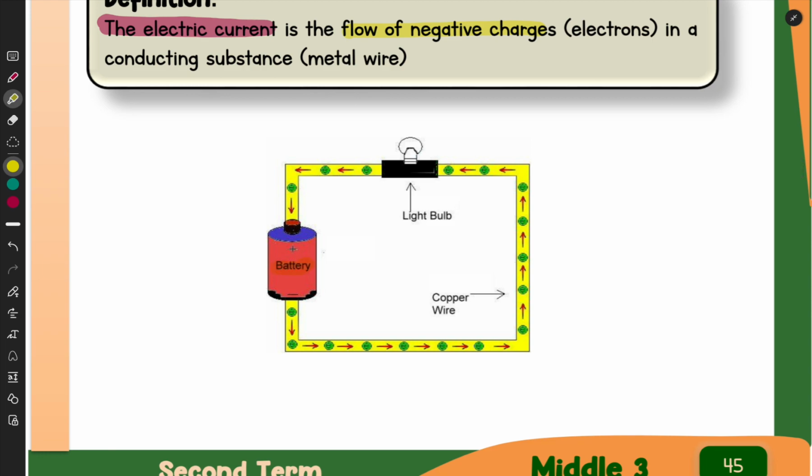It consists of a battery, from which the electricity is generated, a hub of electrons. So the electrons begin to transfer from the negative terminal to the positive one through the copper wire. And we also have here the light bulb. When we connect the circuit to the battery, the light bulb will begin to illuminate.